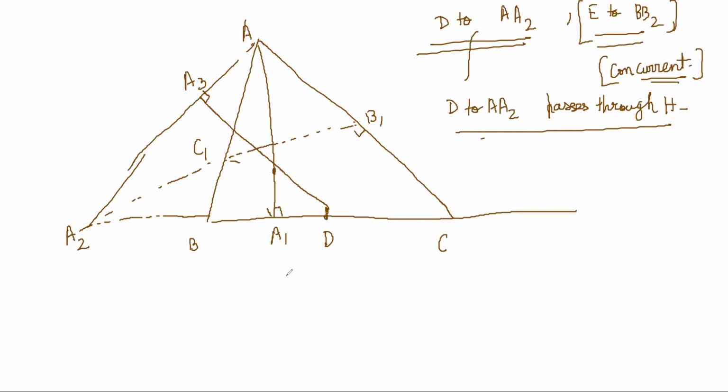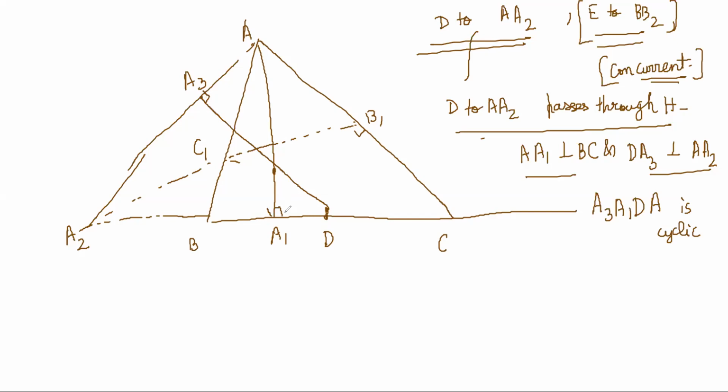Now AA1 is perpendicular to BC, no? Yes. AA1 is perpendicular to BC and DA3 is perpendicular to AA2, right? Correct. So what is cyclic? Because of these two perpendiculars, what is cyclic? H we cannot assume. So we can say that quadrilateral A3, A1, D, A is cyclic.